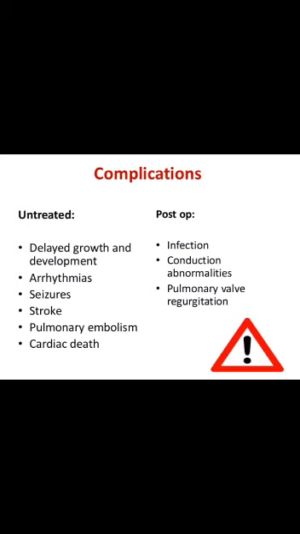In management we give oxygen supplementation, morphine sulfate, then the knee-chest position of the baby, then surgical intervention. In surgical intervention, some temporary or palliative surgery can be done for the tetralogy of Fallot patient.